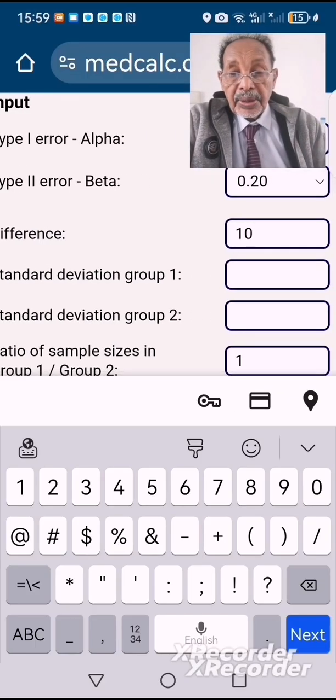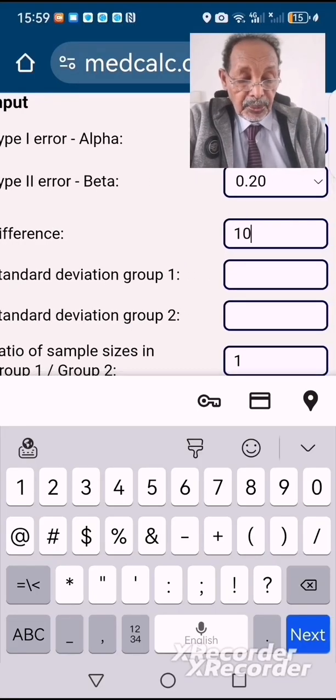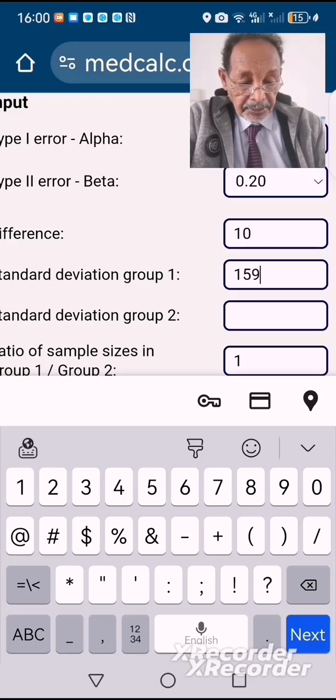And the standard deviation for group 1, for example, acute appendicitis, let us say 9.